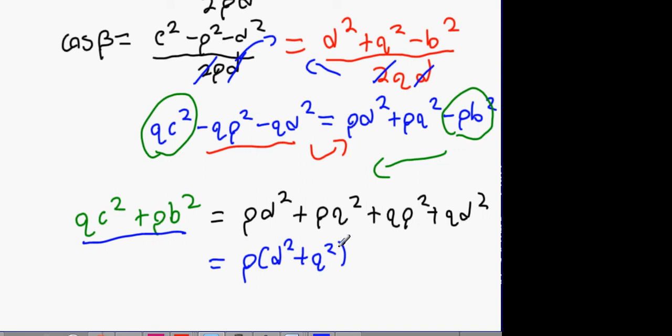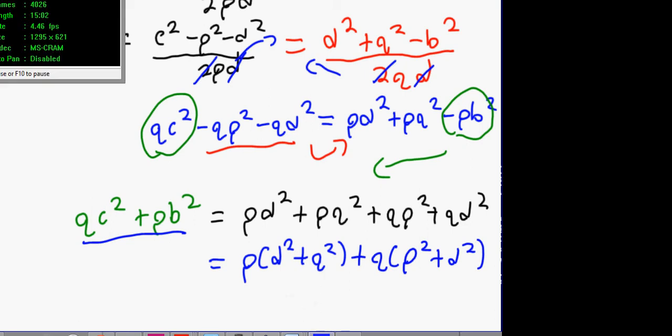Okay? D squared plus q squared. And then we're going to get q into p squared plus d squared.